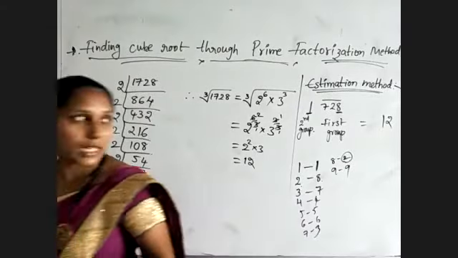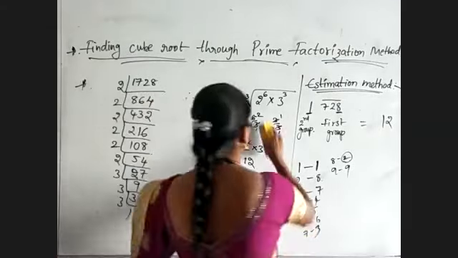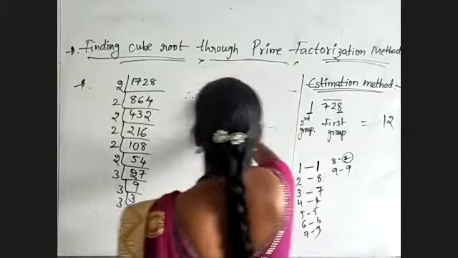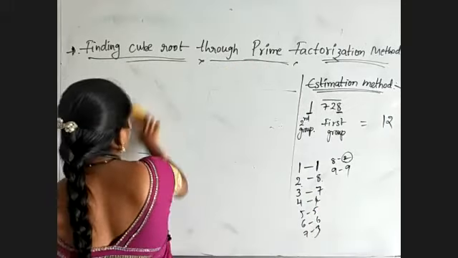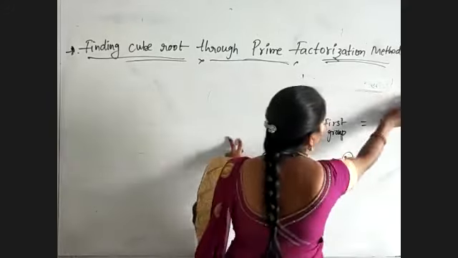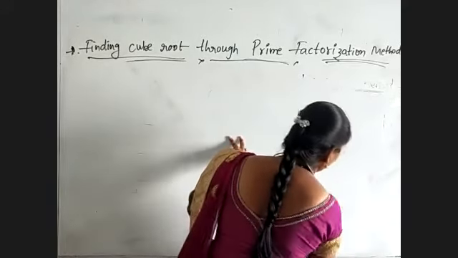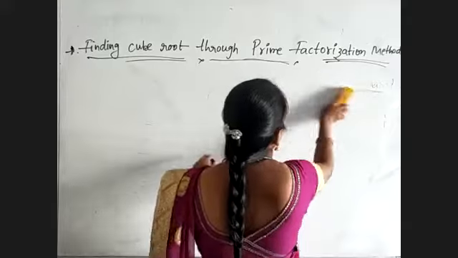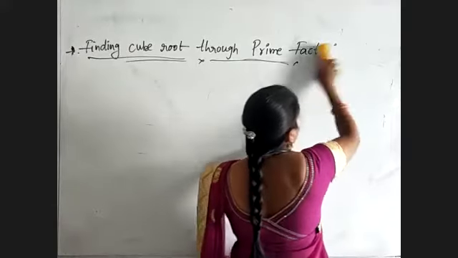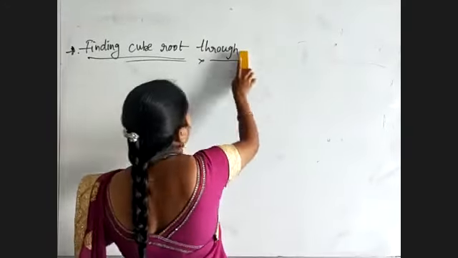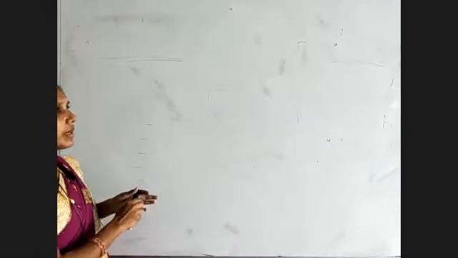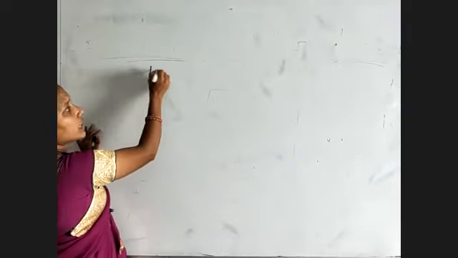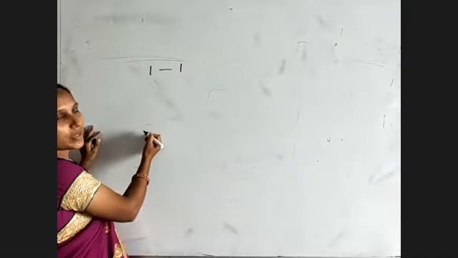Estimation, we will take another example. So this is the example for prime factorization, and this is easy only. So I am explaining the next method, the estimation method. In the estimation method, compulsory you must know the cube value rules. If a number ends with 1, its cube also ends with 1.